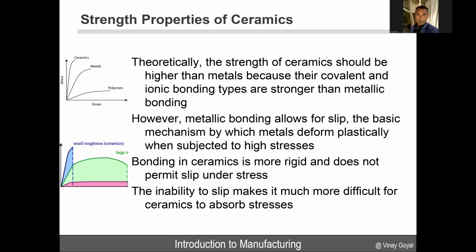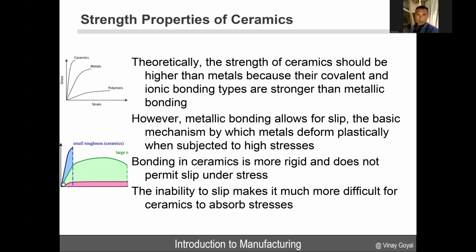However, bonding in ceramics is more rigid and does not permit that slip. That inability to slip makes it a lot more difficult for ceramics to absorb stress, meaning they become brittle.